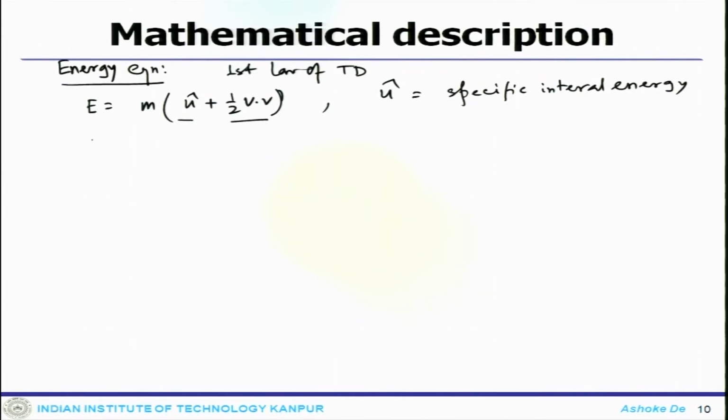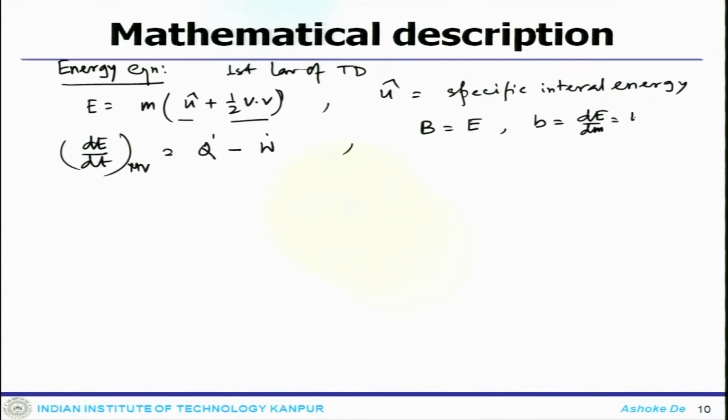So, from the energy law, I can say that for this material volume, this is heat minus work. So, that comes from the system. Now, my B here from the RTT, if I write B equals E, and small b is dE by dm, which is U plus half V dot V, which I can say small e.